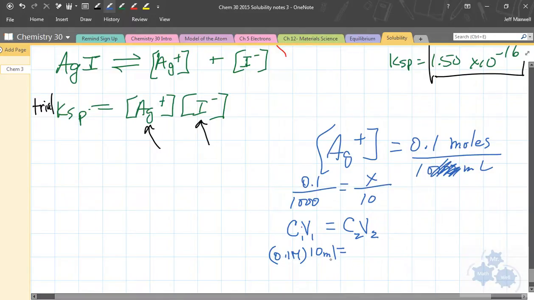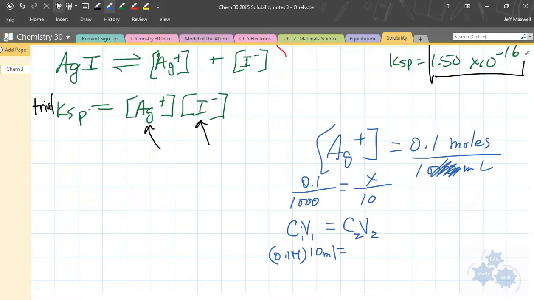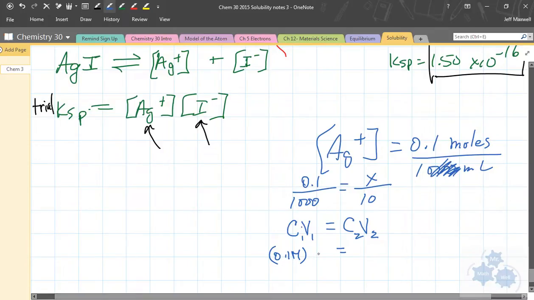Let me just think if you can use this. Well, we'll have to change that to liters first of all. So 0.01 liters. Okay, so how many moles is that? Concentration times volume is what? 0.001, and that's going to be moles.